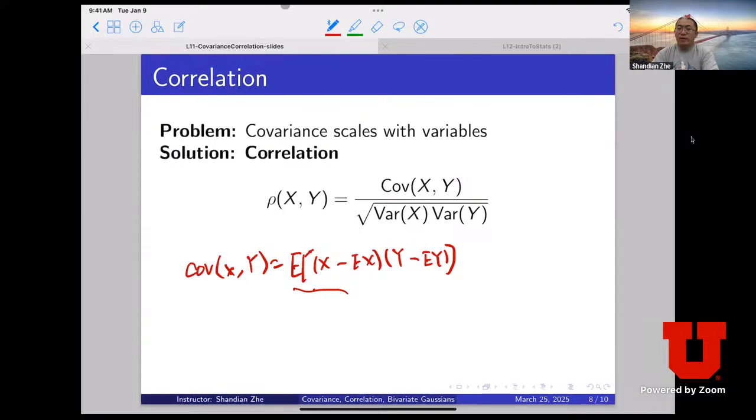Because the covariance only represents a kind of linear dependency. If two random variables are independent, meaning they are independent in any sense, then the covariance must be 0. But the covariance being 0 only excludes one possible dependency relationship between two random variables. It doesn't exclude all of them. So basically it's a sufficient condition, not a necessary condition.